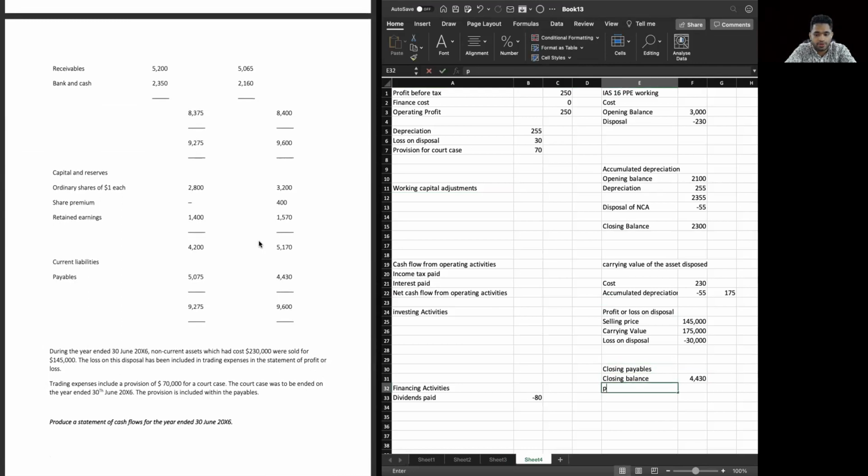From this, you need to remove the provision, which is going to be 70. So your closing trade payables will be 4,430 minus 70, which is 4,360. The payables without your provision. Right.